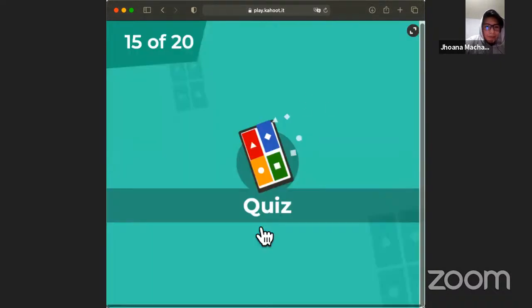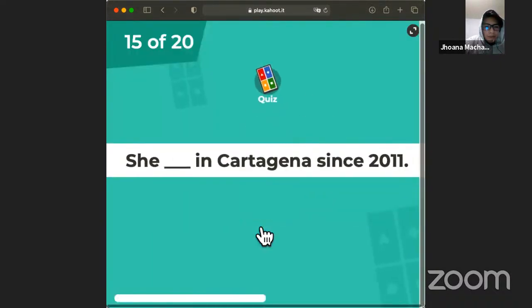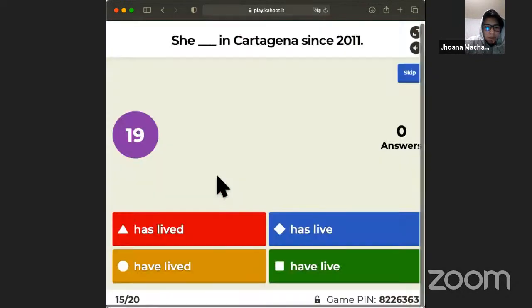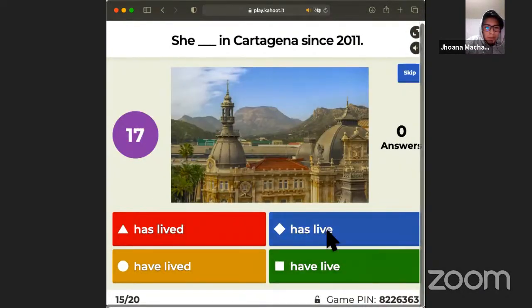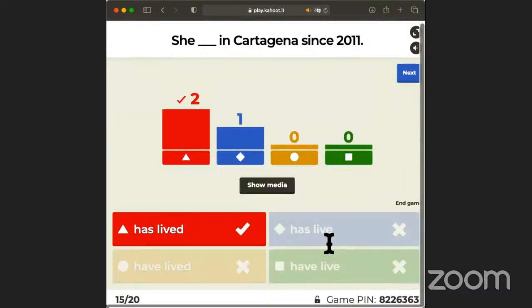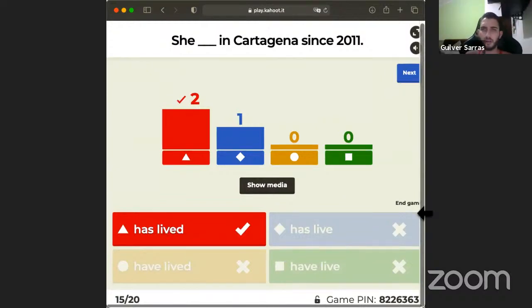Great job. Okay. She has lived, have lived. Right, all right. Gilbert, let's read it, please. She has lived in Cartagena since 2011.